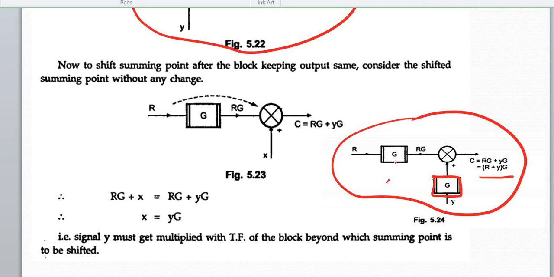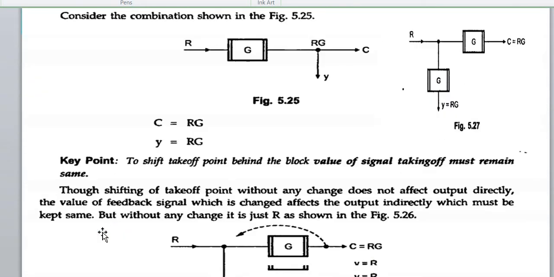If you are shifting beyond G, you have to add in series along with Y the same block G, so that the output remains the same. That is, signal Y must get multiplied with the transfer function of the block beyond which the summing point is to be shifted. This is rule number 5.